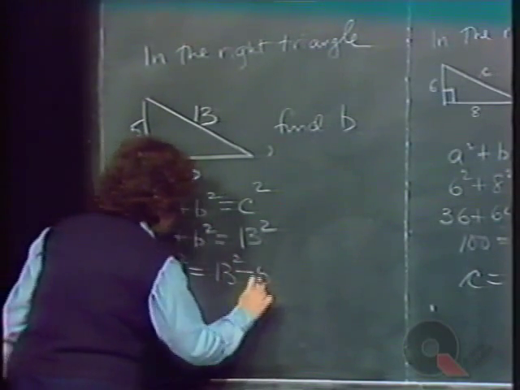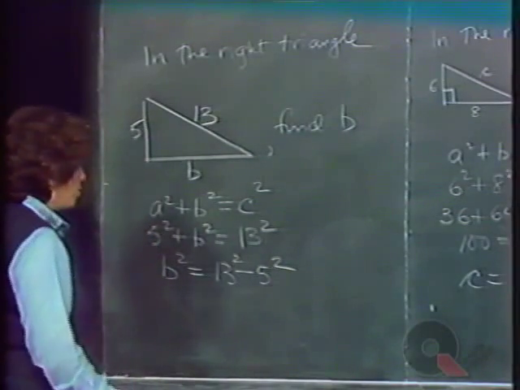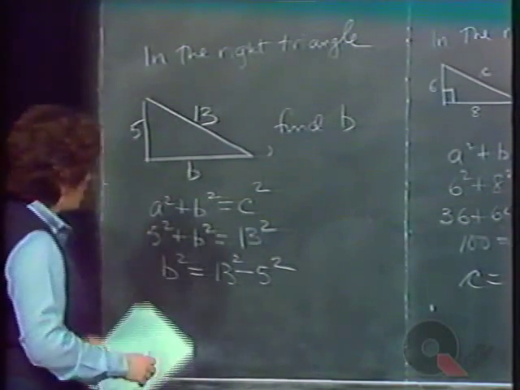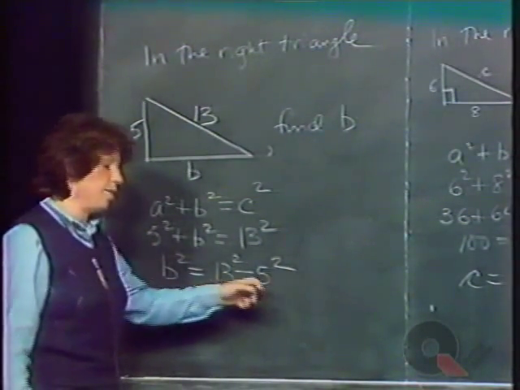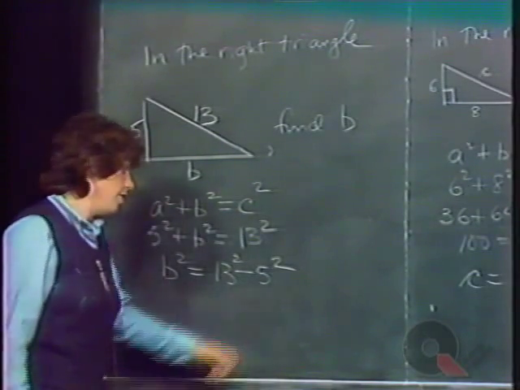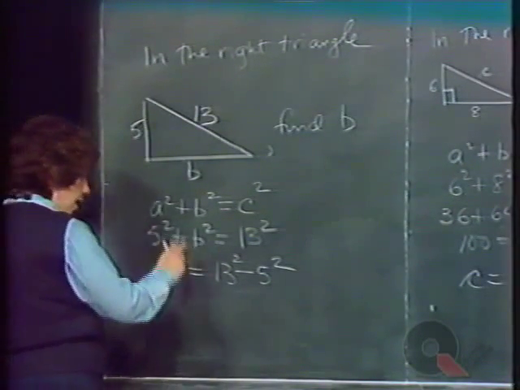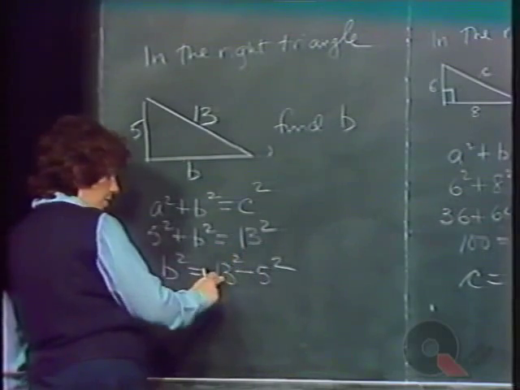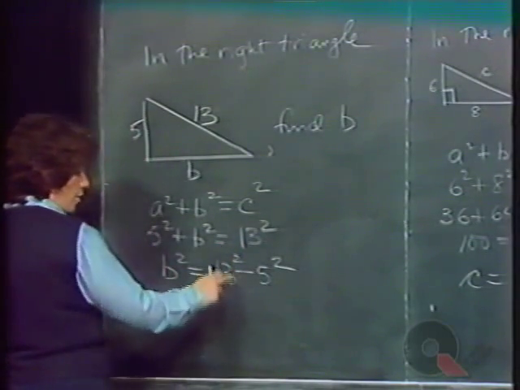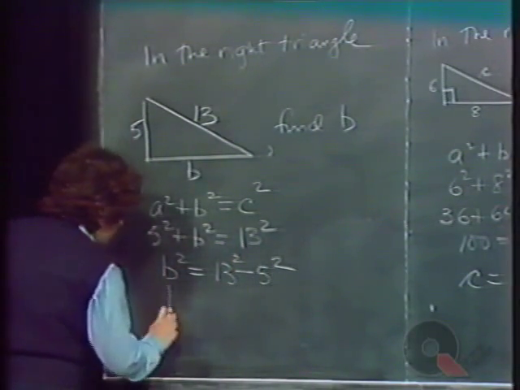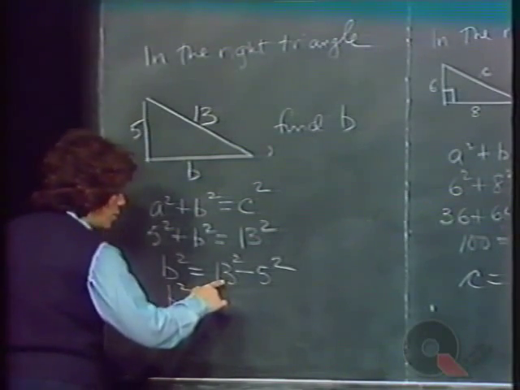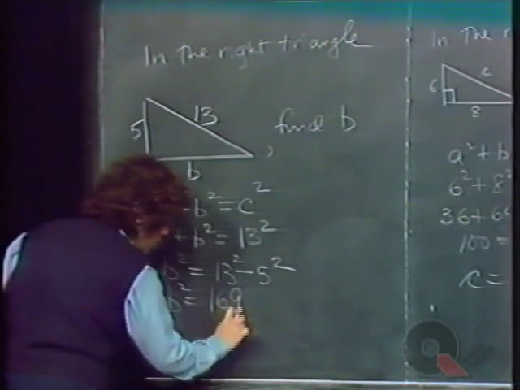13 squared minus 5 squared. What I'm trying to point out earlier was that you cannot say b is simply 13 minus 5, or 8. You cannot take, for a difference, the square root of this minus the square root of that. 13 minus 5 would be 8, where in fact the right answer, 13 squared, comes out to be 169.